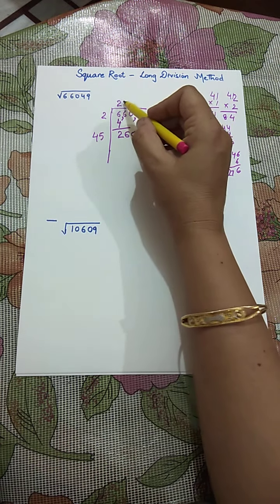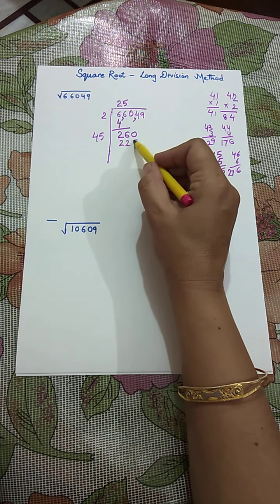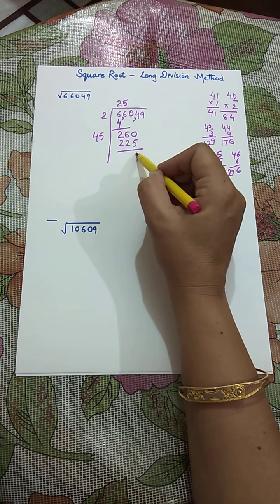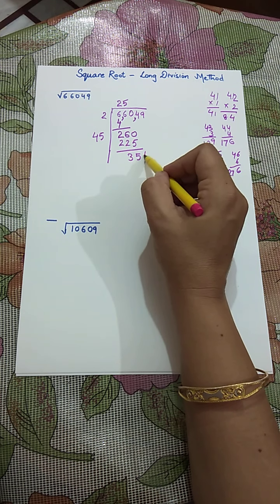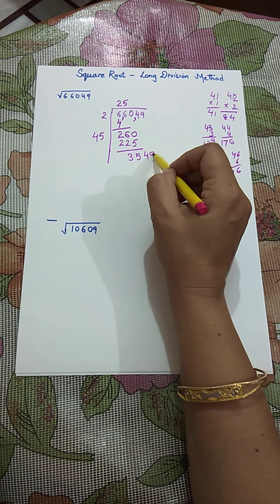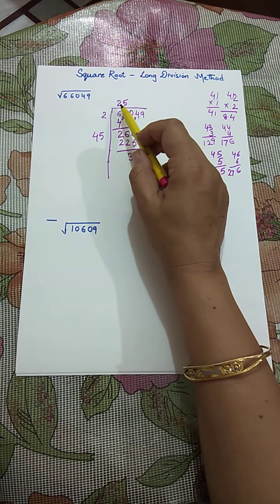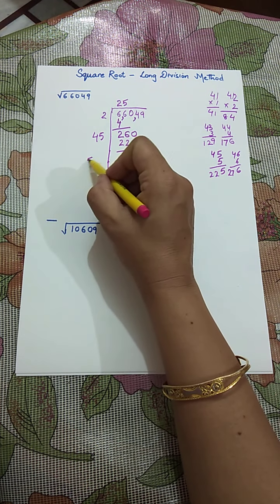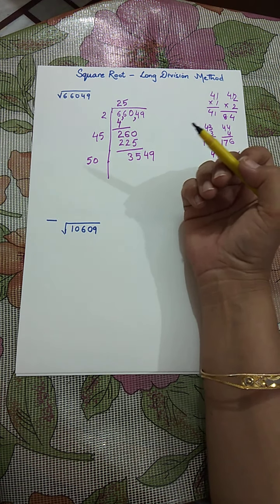So 45 multiplied by 5, that is 225. Now you will subtract it and find that 35 is left, and now the next pair you are going to bring down as 49. Our next divisor will be the double of the quotient, that is 50, and with it you are going to add a number.